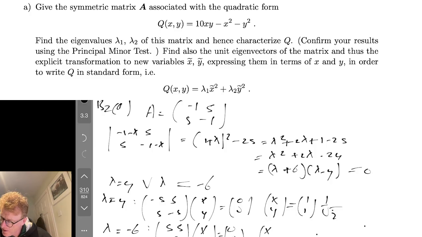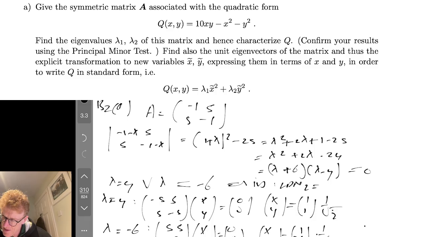So xy is 1 minus 1 over square root of 2. So this is ID.